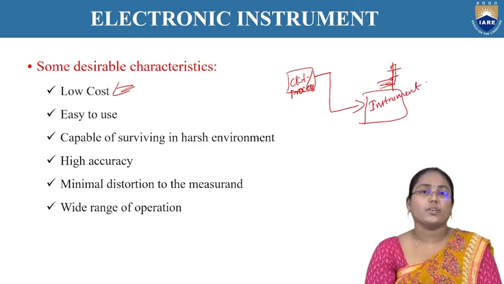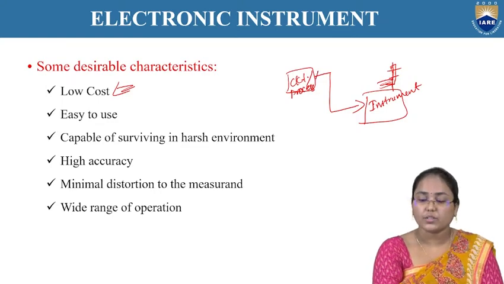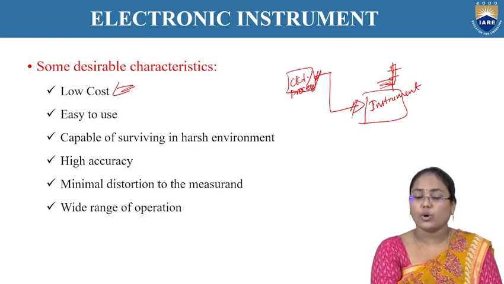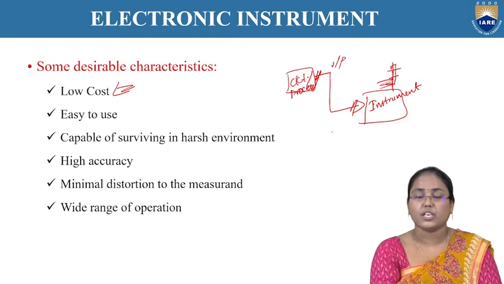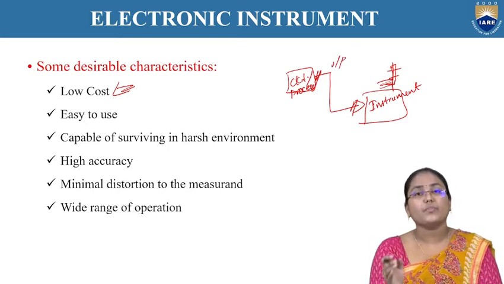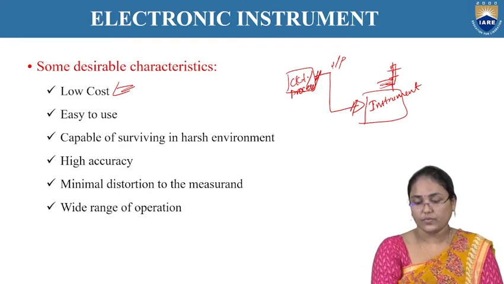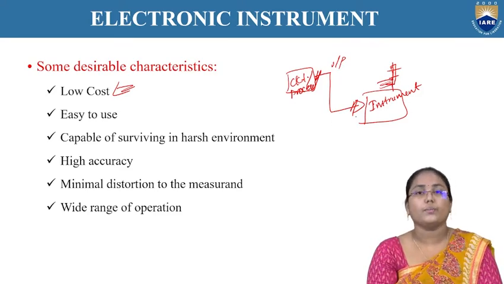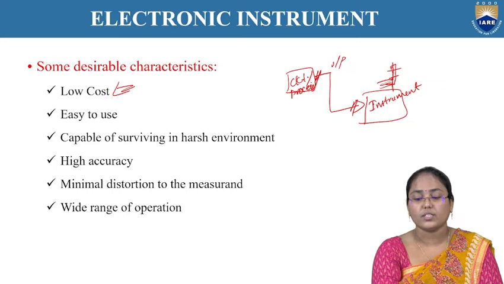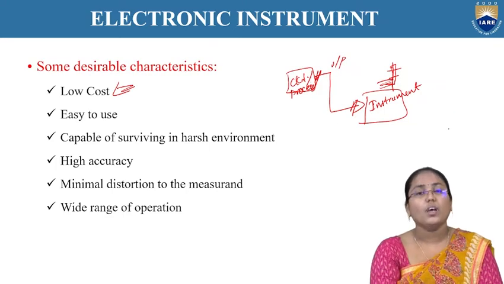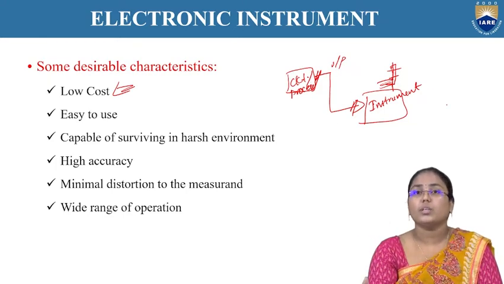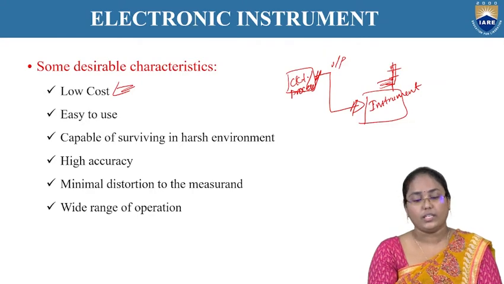This characteristic is very important. From this part to this part, the value or the output should not change. It should have very high accuracy, such that whatever the output of the circuit is, that has to be seen on the instrument very accurately. That is one of the desirable characteristics of any instrument.